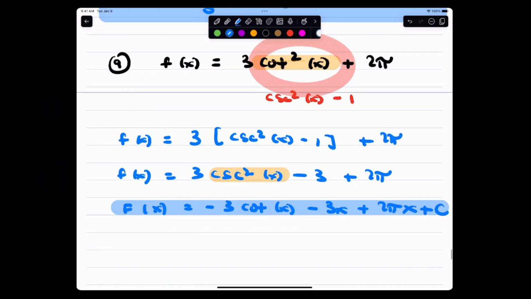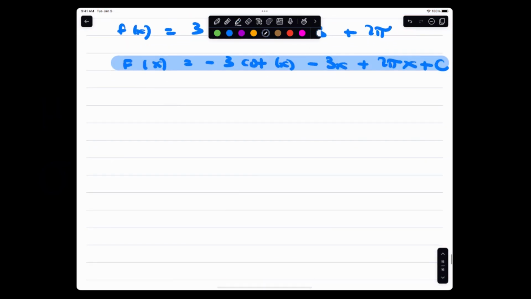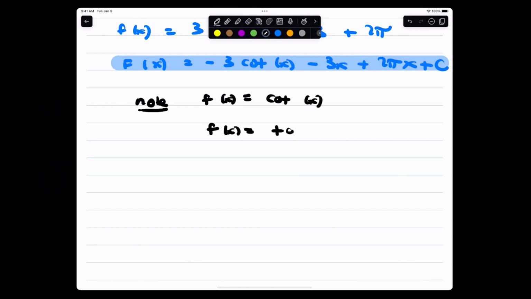I mean calculus 2. So here's what I was looking at, actually, if you guys want to know. What you'll see in calculus 2 is they want you to differentiate cotangent, and they'll want you to differentiate tangent.